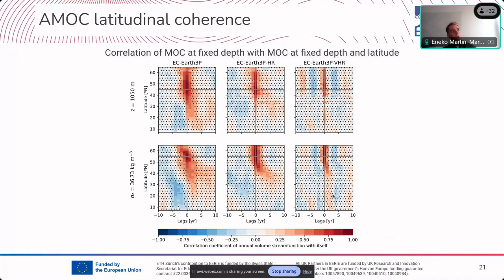And then we have these small significant signals here, which could also be the small signal we saw before, which could be some wave propagation.